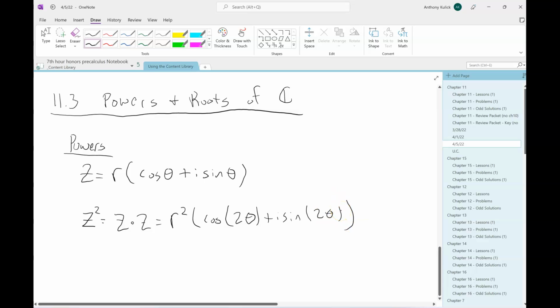Okay, let's keep going and start looking for a pattern here. Z to the third, I'm going to think about as z times z squared. Following my multiplication pattern, I have r times r squared, or r to the third, times cosine of theta plus 2 theta, so 3 theta, i sine 3 theta.